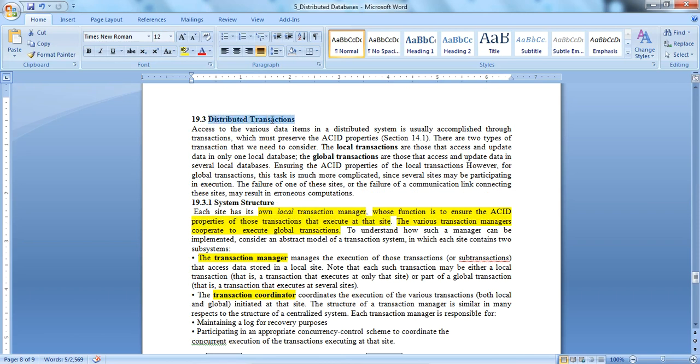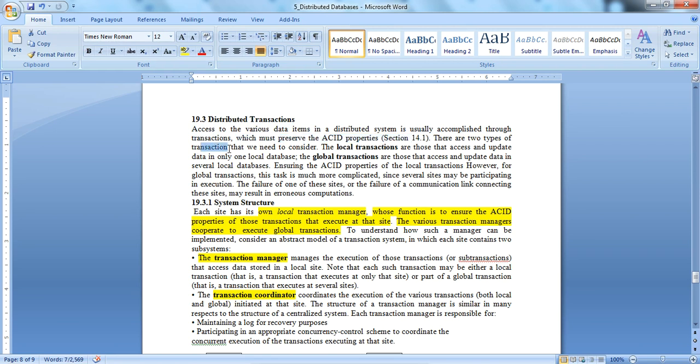Under the distributed database, whatever transaction is run on it is run as a distributed transaction. Access to the various data items in a distributed system is usually accomplished through transactions, which must preserve the ACID properties.